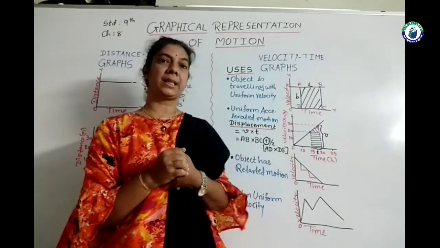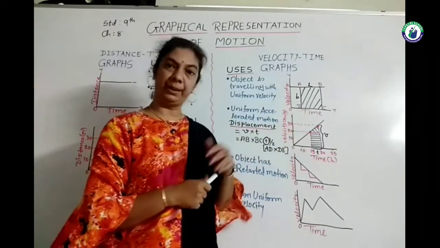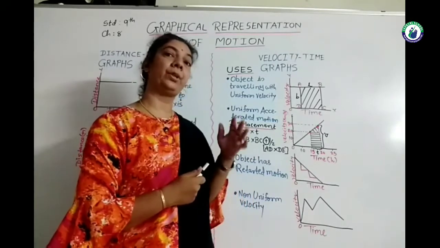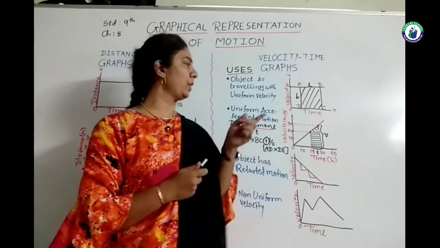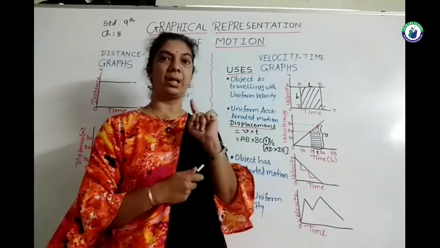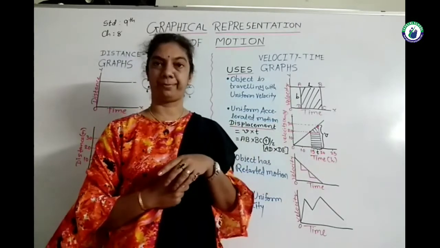It is also asked in the exam to name the quantity which we can find with this, or in other words, to give the unit of the quantity which we can find by the area enclosed under the graph in a velocity time graph.